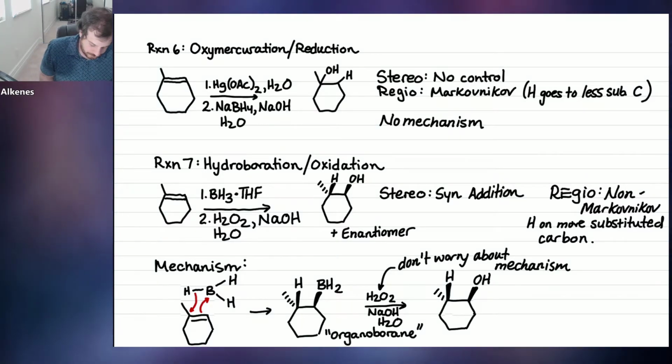Okay. So now we are up to reaction number 8. Reaction number 8 is called the epoxidation reaction, and it's a very powerful reaction also that comes up again and again. And the epoxidation reaction is very simple.